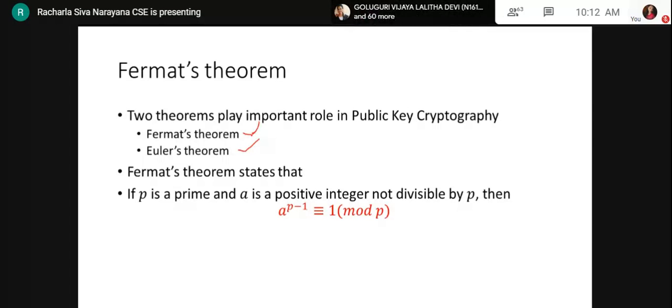In those algorithms, we have to calculate large powers, and after calculating the powers, we need to perform a division and find the remainder. For performing modular operations on very large integers, we can solve by using these two theorems. Okay, 1 minute.